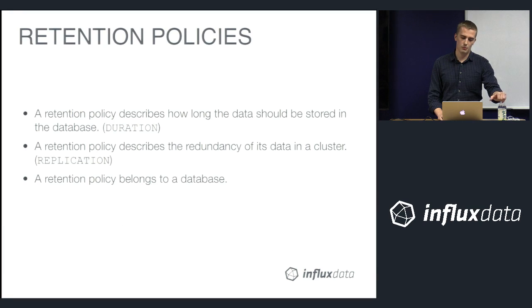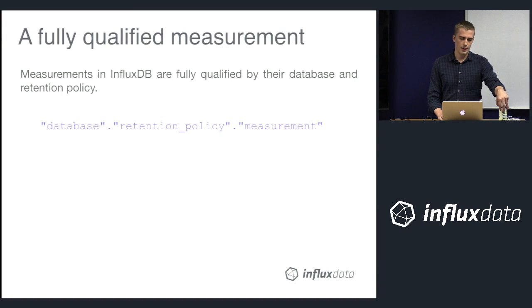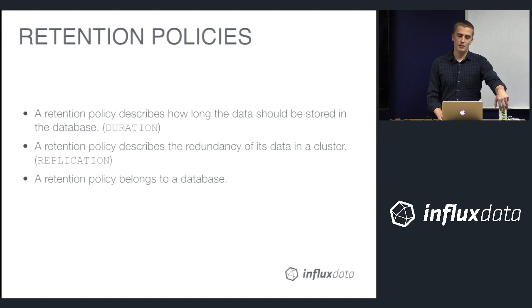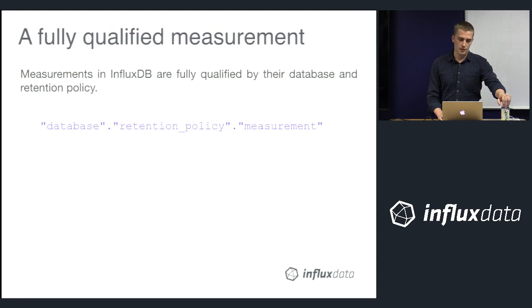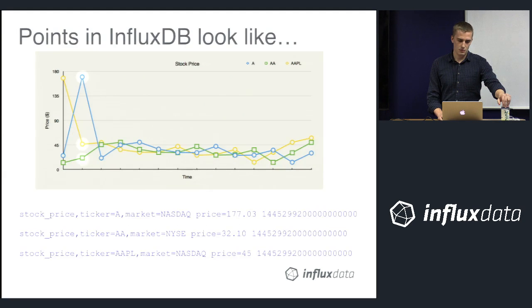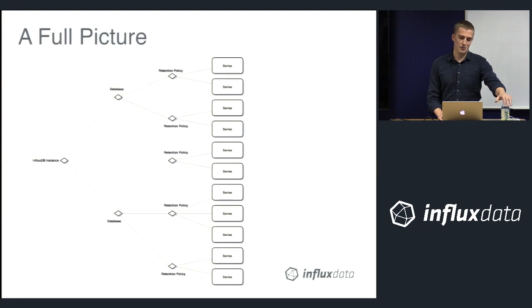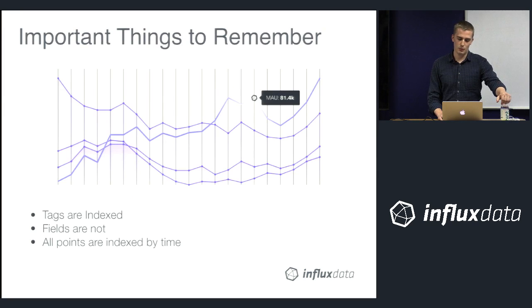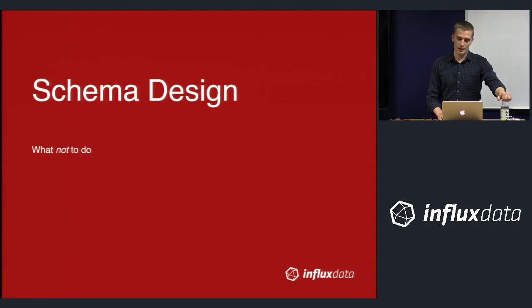It's organized in a column store, so it's really quick to pull up a whole set of series. There's also the concept of a retention policy and measurements, and if you've seen any of the webinars, you've probably seen Michael go through this a ton of times. So going on to general schema design.